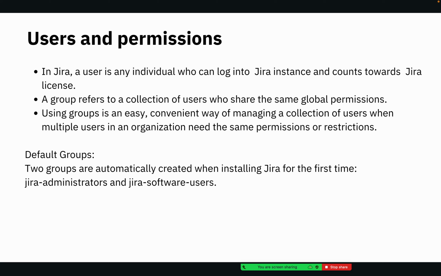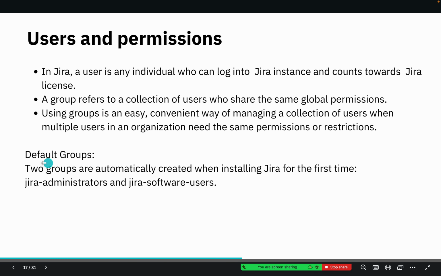So in one go, suppose you've created a development group in Jira and there are 20 members, and you want to give all 20 members the same permissions, so you can put the permission on that group and it will be applicable to all the users inside that group.